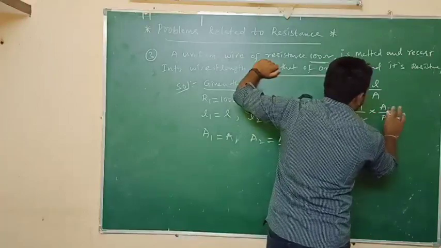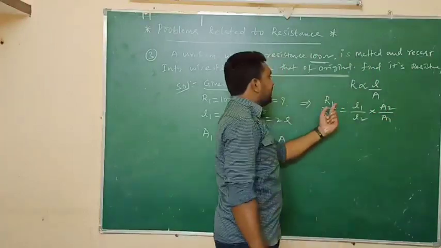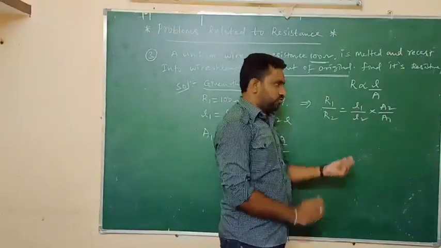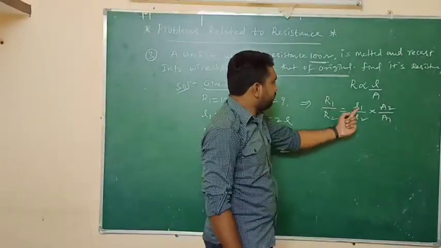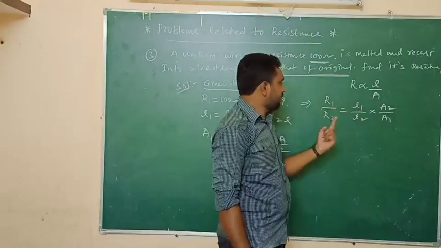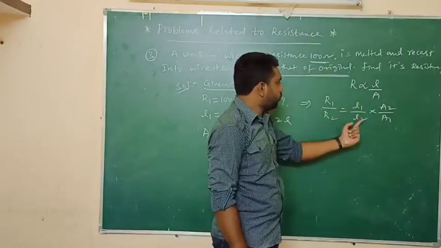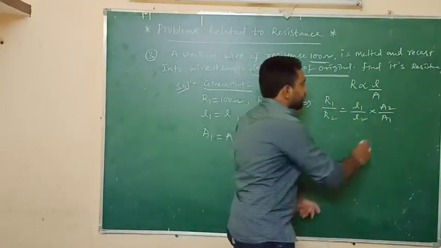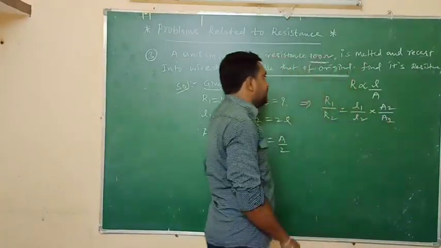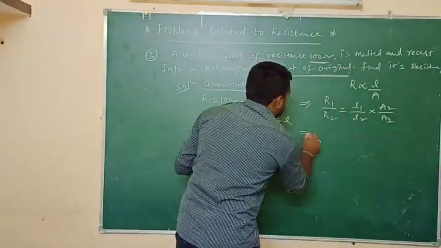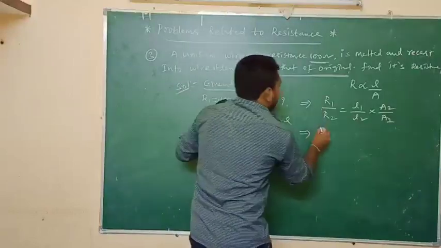Length is directly proportional and area is inversely proportional, so for length we write 1, 2 and for area 2, 1. In this way we can write the equation. Now we just need to substitute the values. R1 equal to how much here? 100.